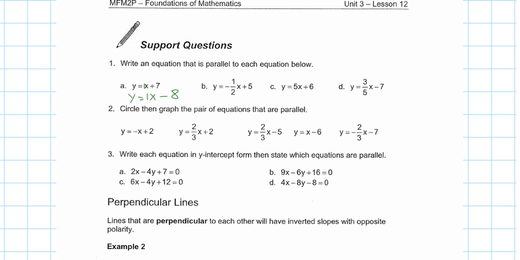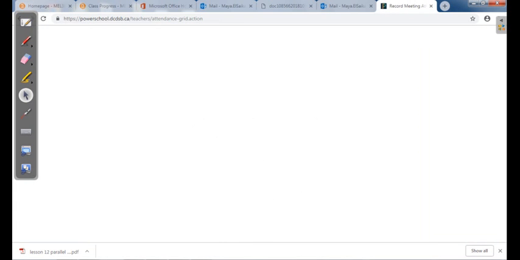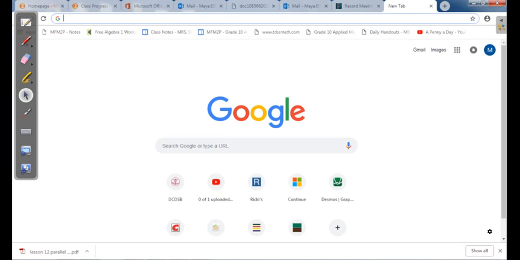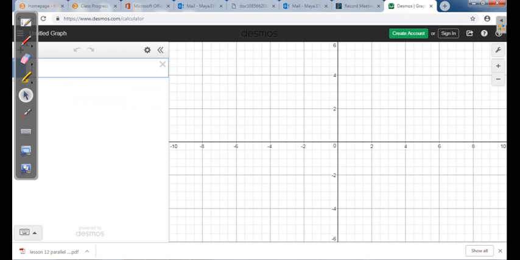I'm going to show you something here. So I have y equals x plus 7.